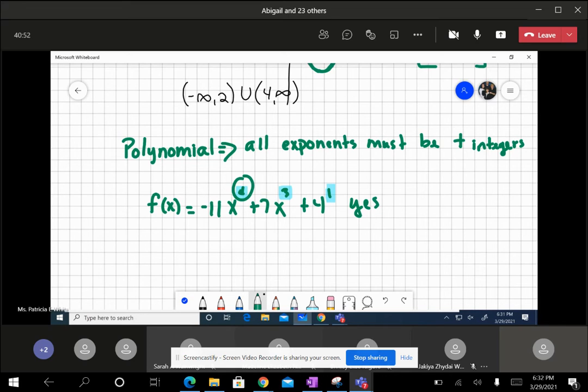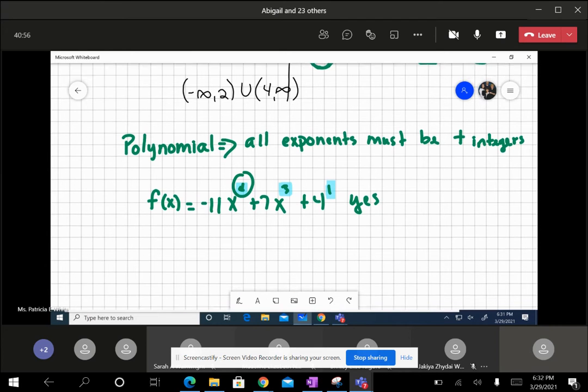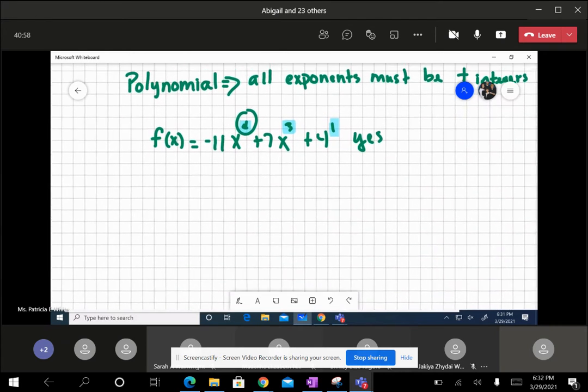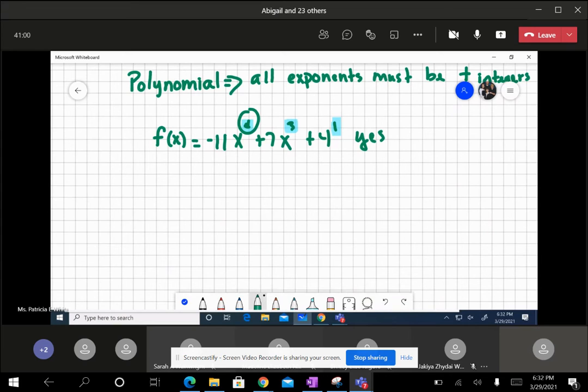What about 13? I have f of x is equal to x to the 4th minus 6 over x to the 6th.